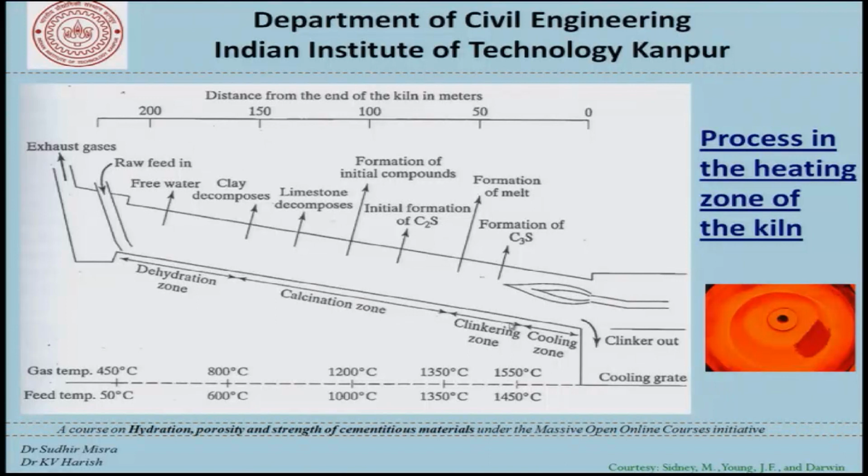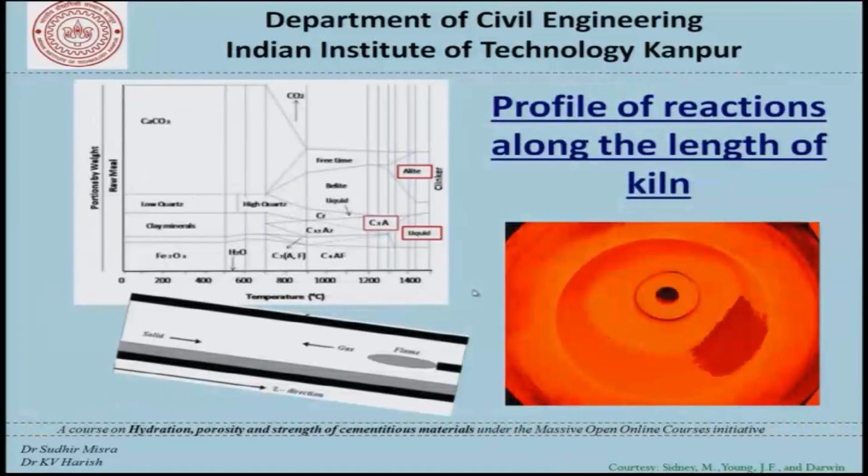In the clinkering zone, the raw materials typically start melting, and you also get the formation of C3S. More information about what happens in the kiln is discussed in the next slide.